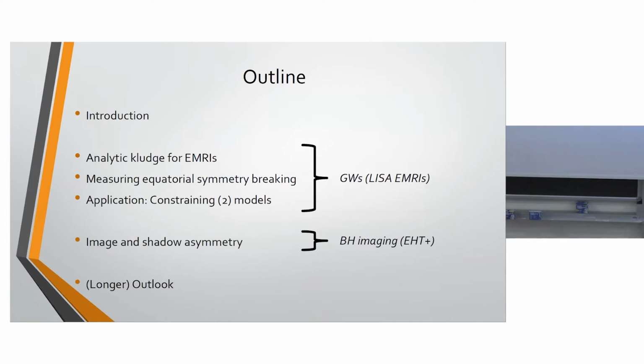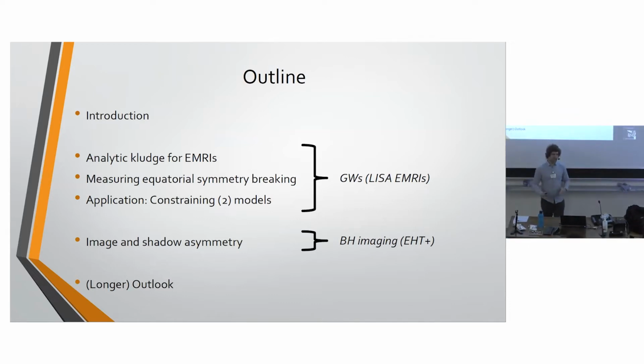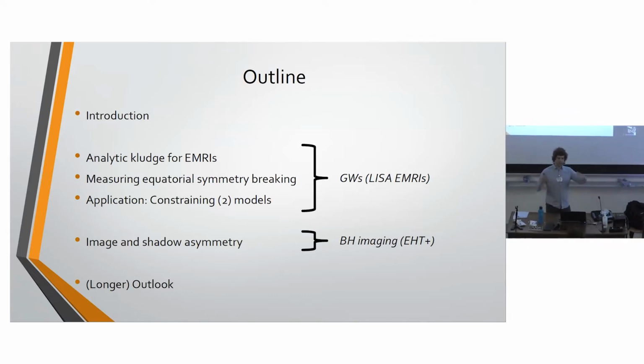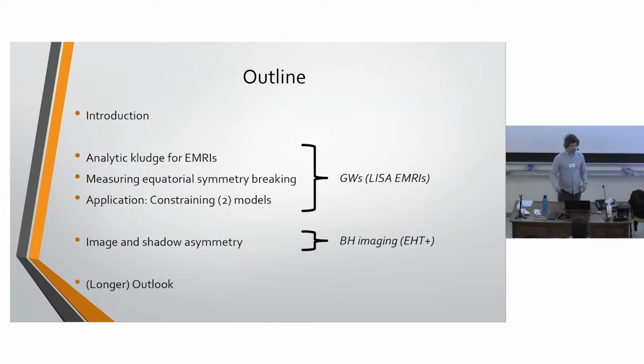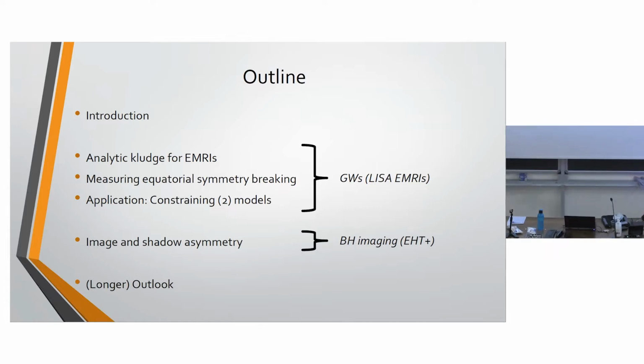Good. Let me tell you what you can expect. I'm going to introduce this idea: what is equatorial symmetry, and how do I parameterize it, so the formalism that I'm going to be working in. Then I will talk about two different arenas where we could see effects of this symmetry breaking.